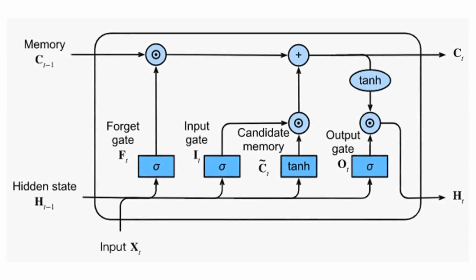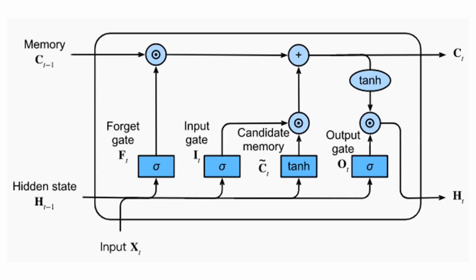Before we dive into code, let's understand what makes LSTM cells special. This diagram shows the internal architecture of an LSTM cell. The key innovation here is that LSTM cells maintain 2 types of state. They have the hidden state, denoted as H, which is what we typically think of as the output, and they also have the cell state, denoted as C, which acts as a long-term memory.